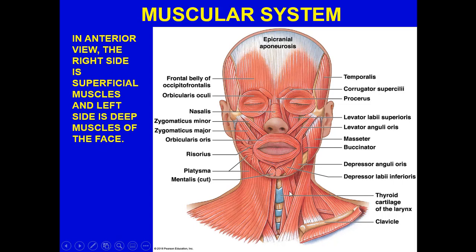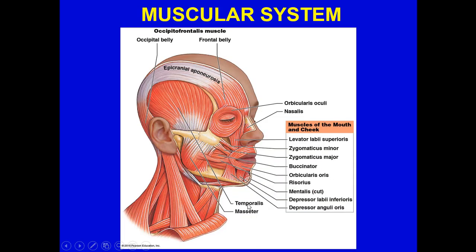Now, notice that this is where the thyroid cartilage of the larynx is. The platysma kind of is on the surface, so it would be considered superficial, but if we pull it away, we go deep, we're going to start seeing the sternocleidomastoid here, plus other ones that are attached to the clavicle.